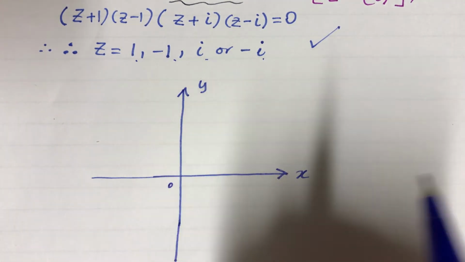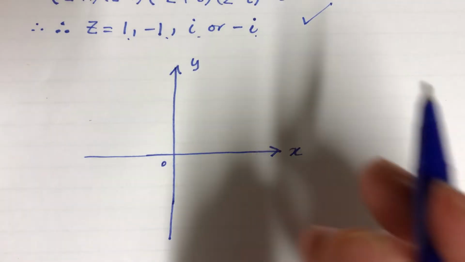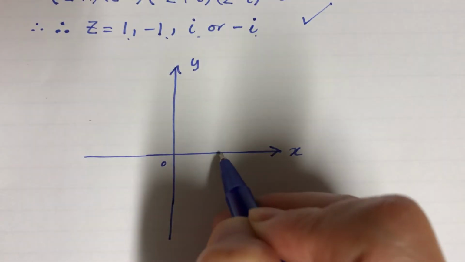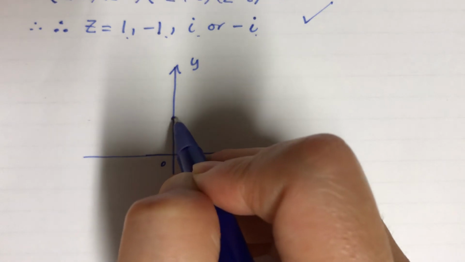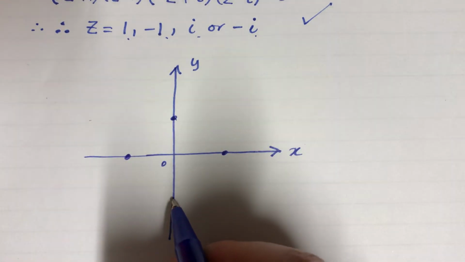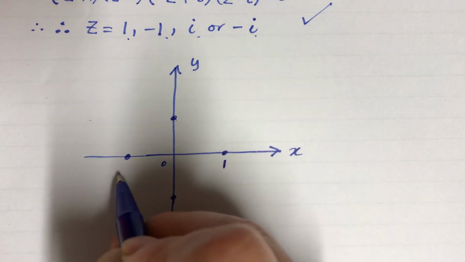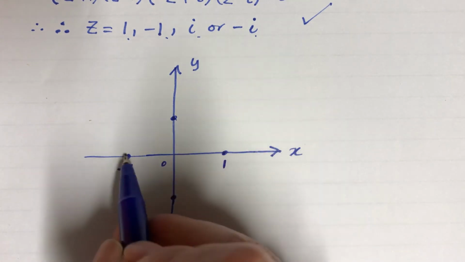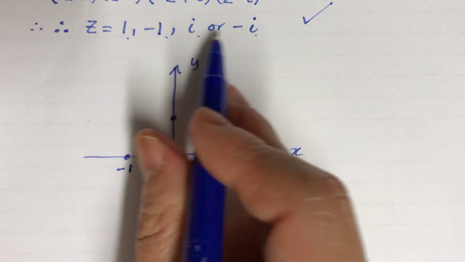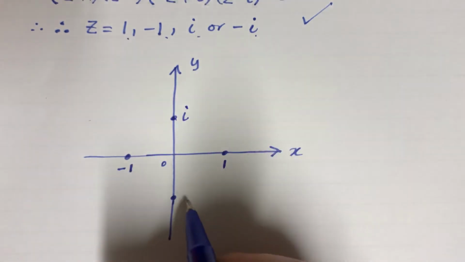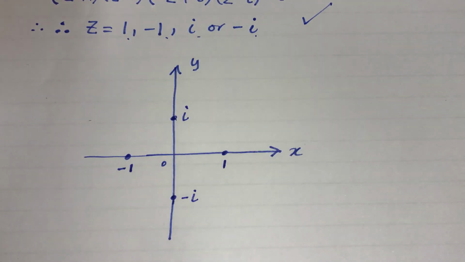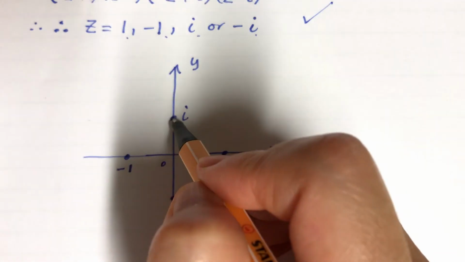Okay, 0. So that's 1, that's minus 1, because it's just real, and this is imaginary, so i and minus i. Okay, so that's the roots, and I'm going to join them.